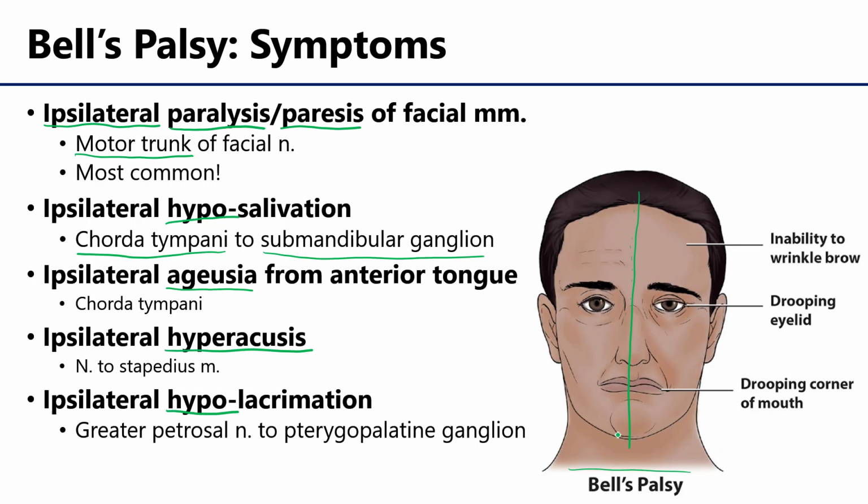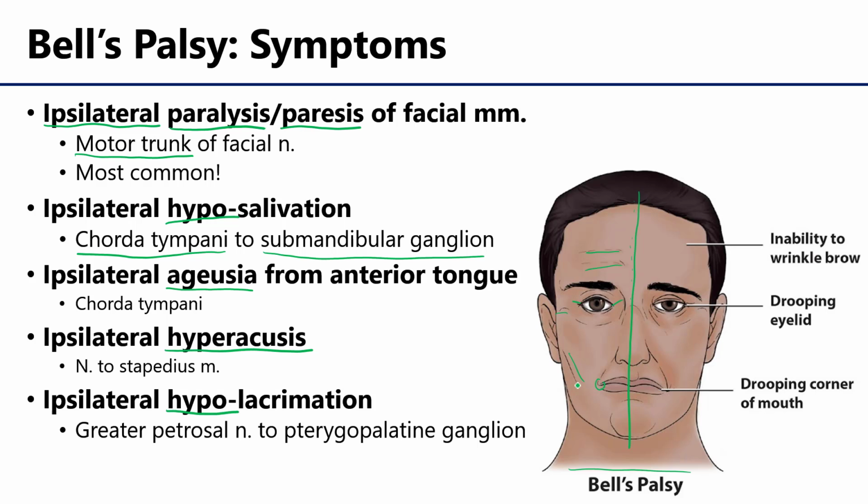And we can see facial paralysis because there aren't the telltale signs of wrinkles of the skin, which we would see if the facial muscles are working. We can see that the eye, the palpebral fissure is nice and patent.